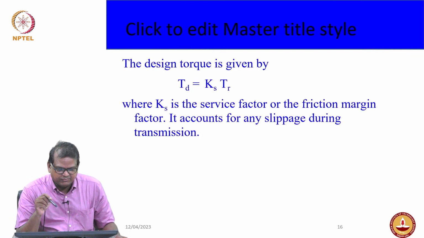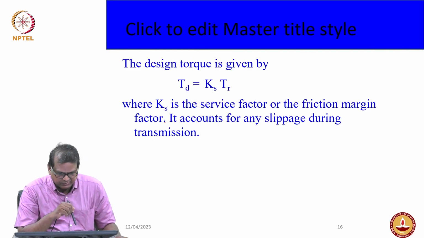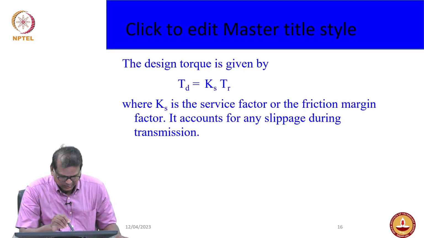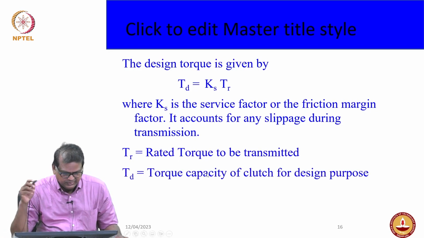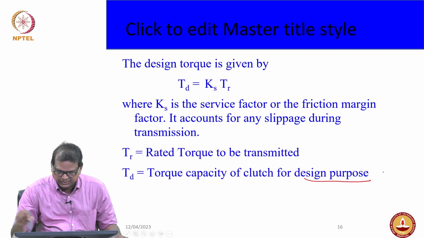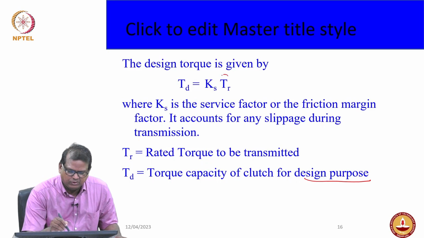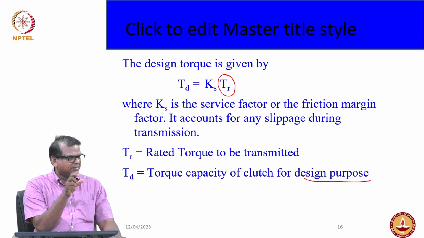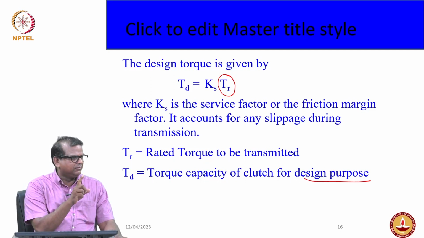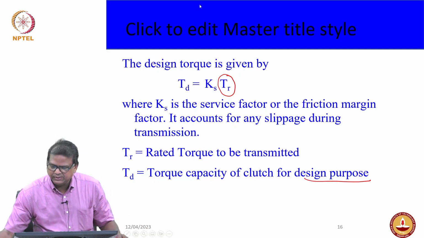The design torque is given by Td = Ks × Tr, where Ks is the service factor or friction margin factor, which accounts for any slippage during the transmission, and Tr is the rated torque to be transmitted, and Td is the torque capacity for design purposes. In operation, it is better to multiply by certain factors in such a way that you have a safe torque. That is a practice we have to follow during the clutch design.